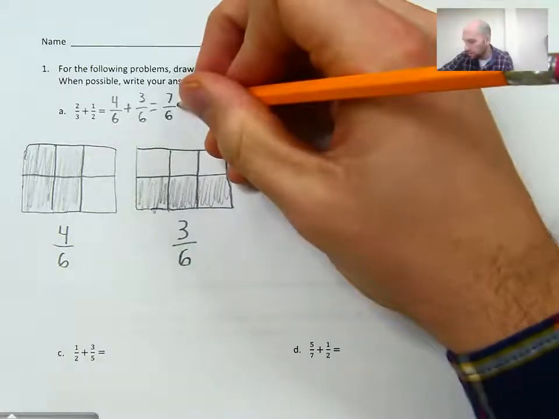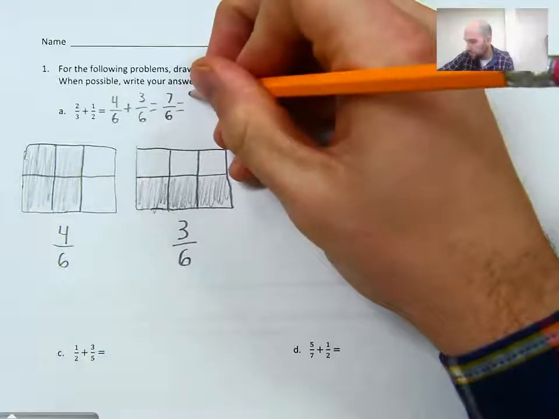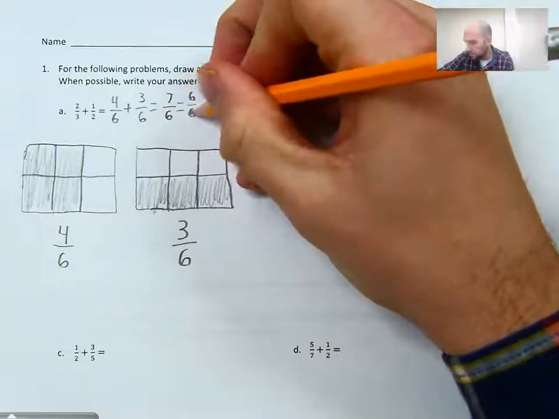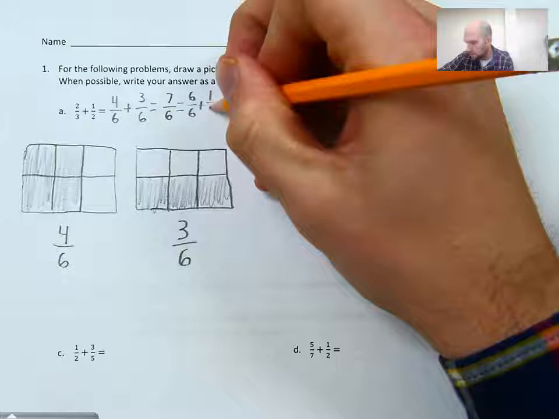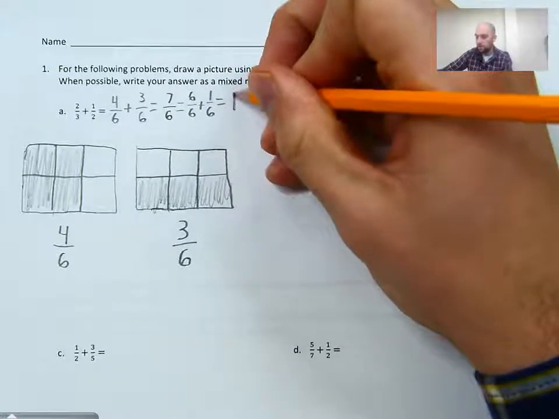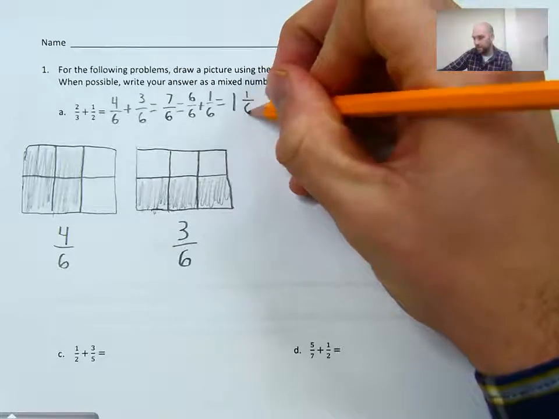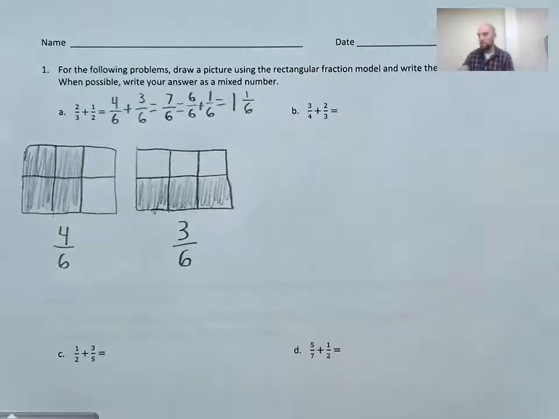So we could also express 7/6 as 6 sixths plus 1/6. 6 sixths is 1 whole, so we could just call that 1 and 1/6. So see how we pulled that 6 sixths out of that 7 sixths, and we're left with 1/6 left over and 1 whole.